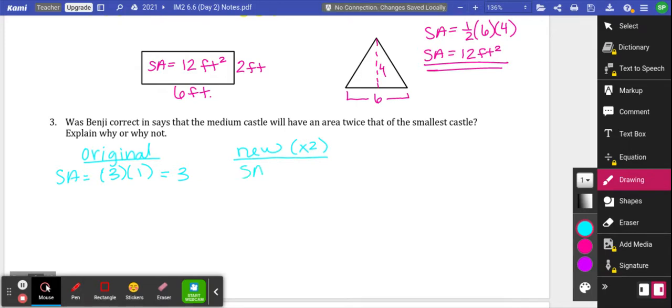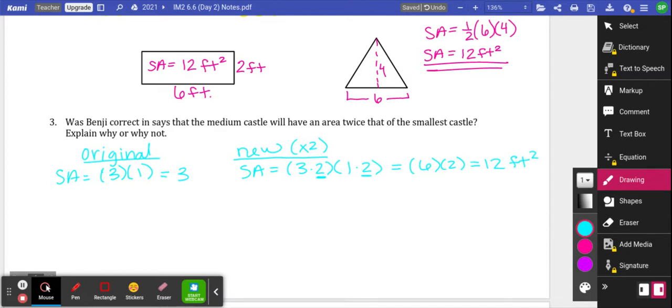So our new surface area is going to be 3 times 2 times 1 times 2. That gives us 6 times 2, which is 12 feet squared, right? Notice that we not only multiplied by 2 once, but we multiplied by 2 twice. So technically what we did was multiply by an extra 2 squared.